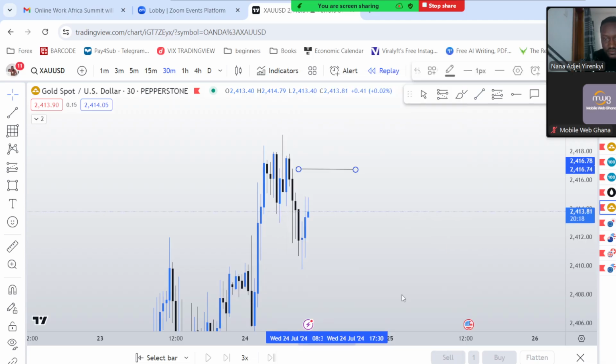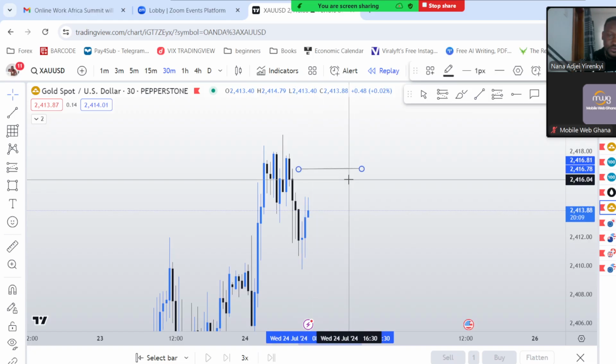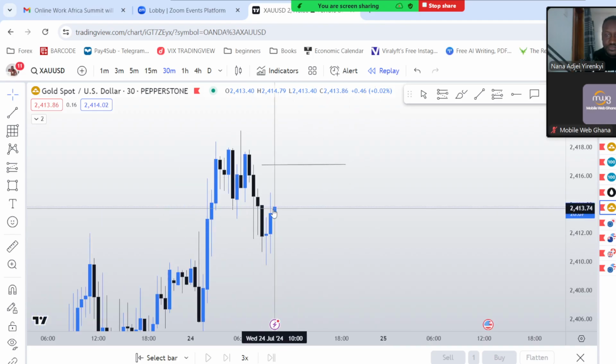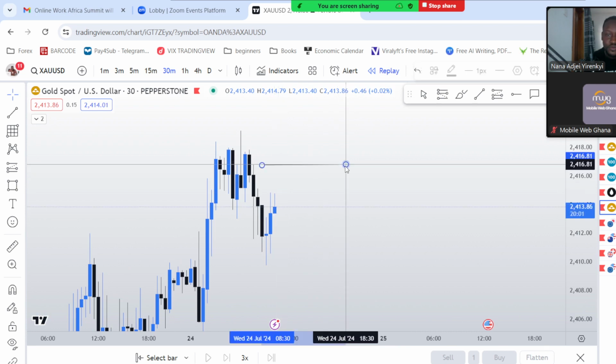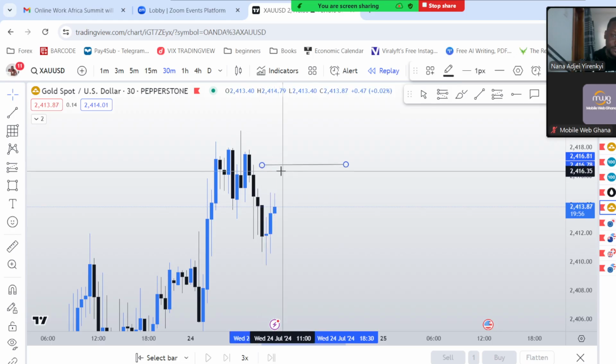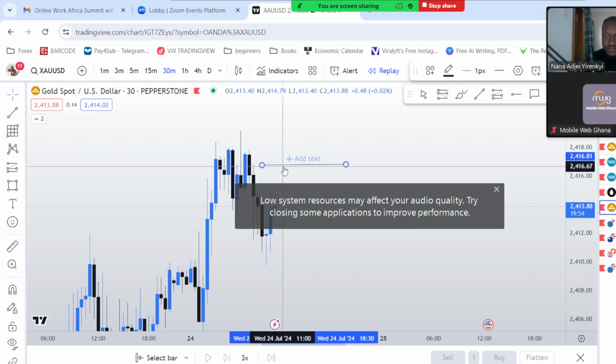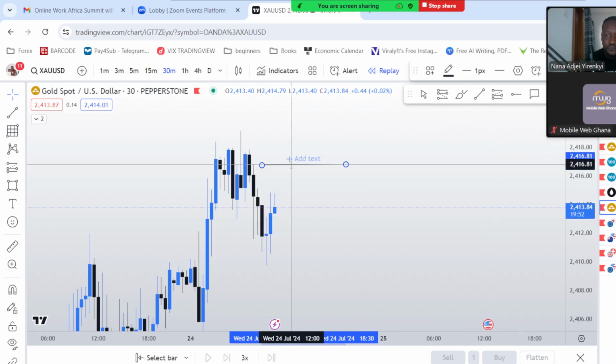Because price has not gotten to this level yet and is currently trading at this level, you set a pending order at the price level where you want to execute your sell. Okay, so because the level you want to sell is higher than the current price, you are going to set a sell limit order over here. So that is the purpose of the sell limit order.